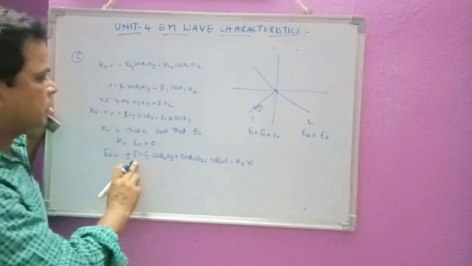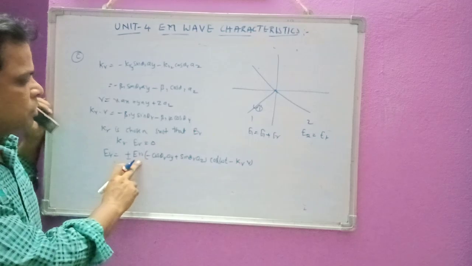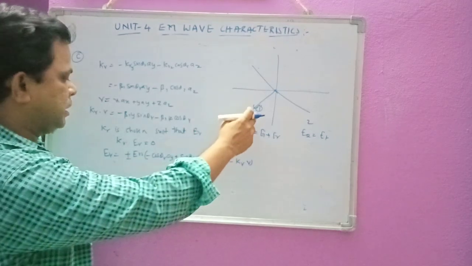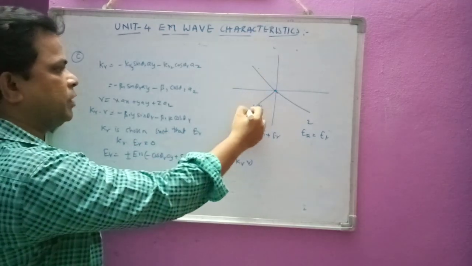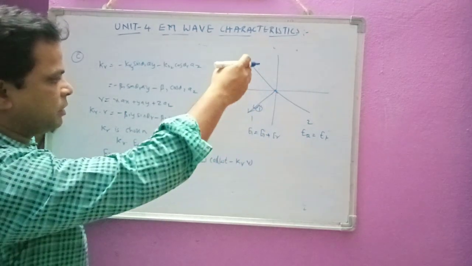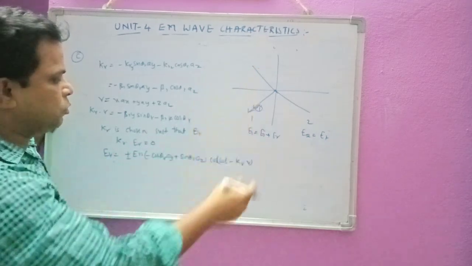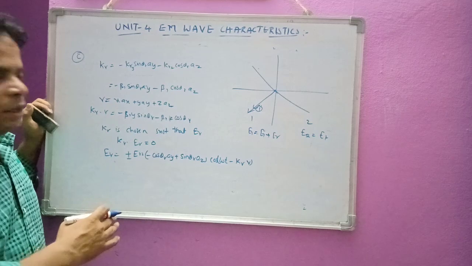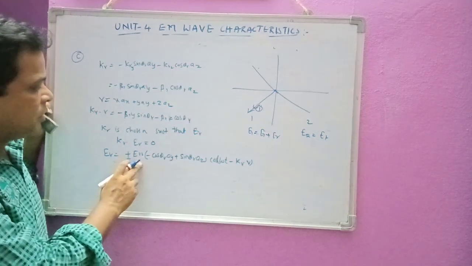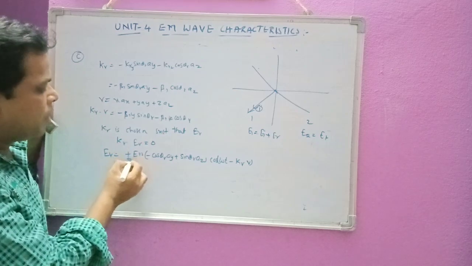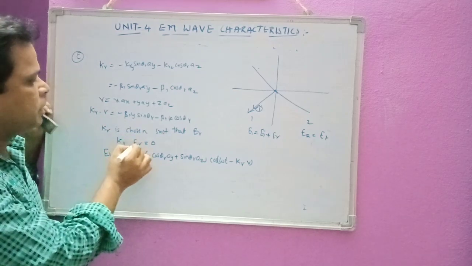Here we are going to get two directions for the reflection, ER0 resolved into two components, either positive or negative. So we have to check which one satisfies kr dot ER being 0.